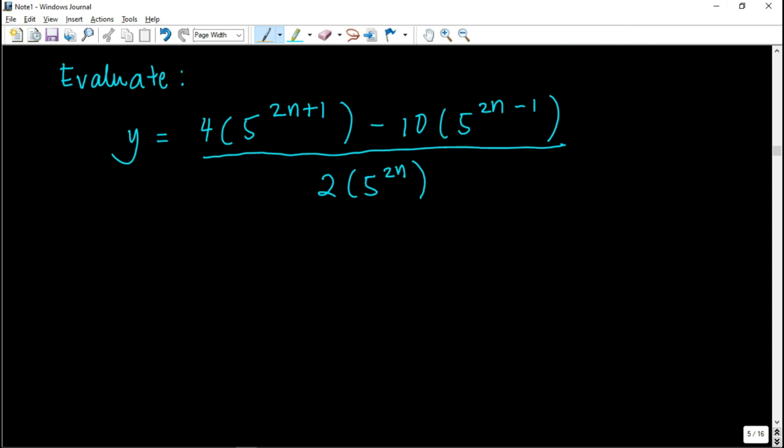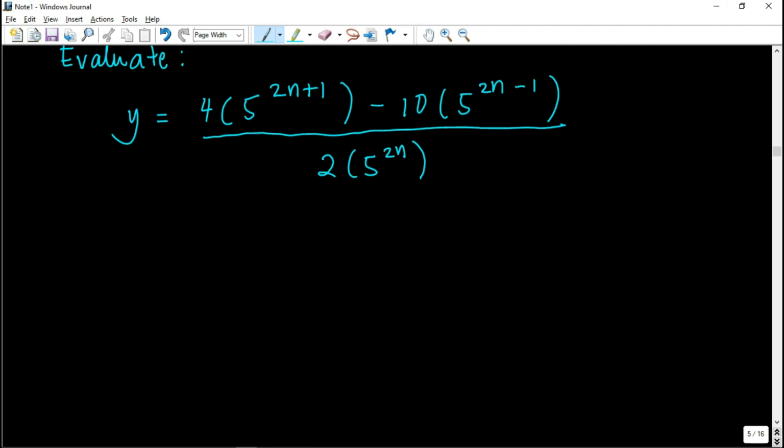So, here we are to our next problem. Y is equal to 4 times the quantity 5 raised to 2n plus 1 minus 10 times the quantity 5 raised to 2n minus 1, all over 2 times the quantity 5 raised to our exponent 2n. Let's just distribute etong denominator sa kada isa dito.